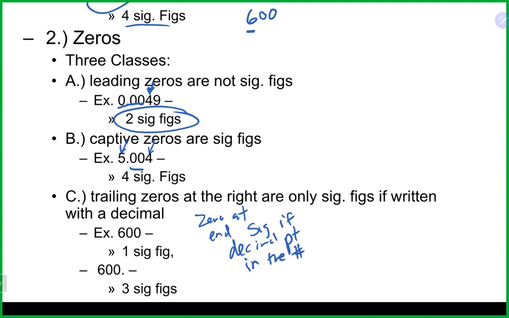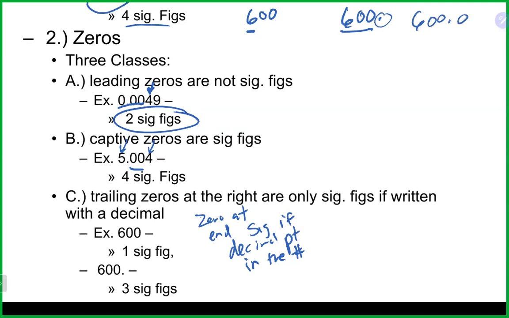We don't make any assumption like it should be there or not. It does have to actually be written. In the case of 600 written like this, with the decimal, this will now have 3 significant figures, as that decimal will make those zeros significant at the end.